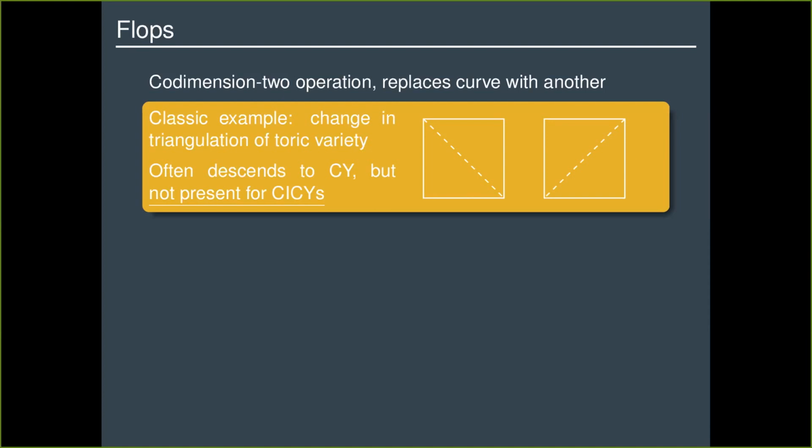And often these descend to the Calabi-Yau hypersurface or complete intersection that you are dealing with inside this ambient space. But importantly, for complete intersection Calabi-Yaus, the ambient space doesn't admit any of these kinds of flops. So they're a good place to look for these non-ambient flops because these are the only kinds of flops that there are.